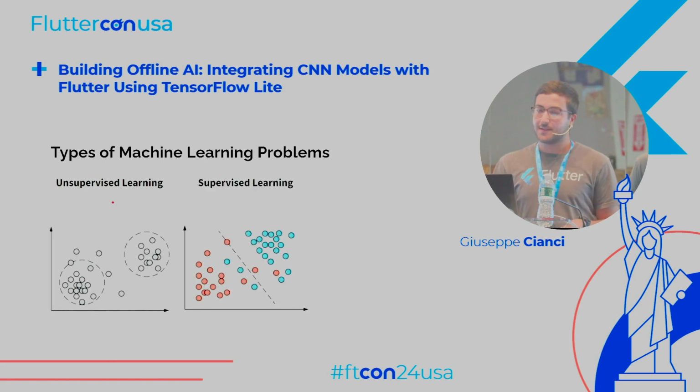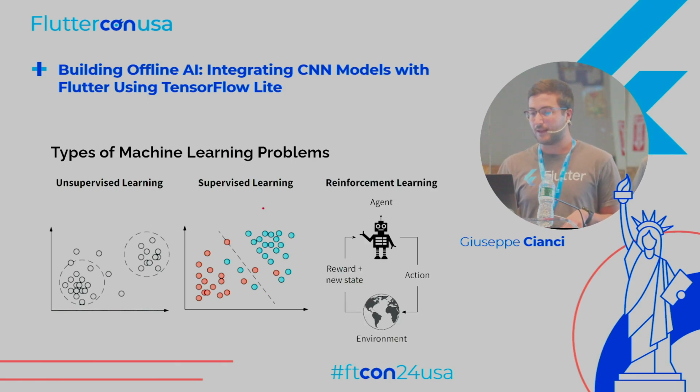Then there's supervised learning, which is when you have labeled data. So here you want to predict the label. For example, if I give you a new point, which is here, you would say, okay, it's probably the blue class. And then there's reinforcement learning, where you have an agent which takes actions in an environment, and this changes the environment, and you get a reward from it. And this is mostly used for games like playing Atari games or Pac-Man or stuff like that.